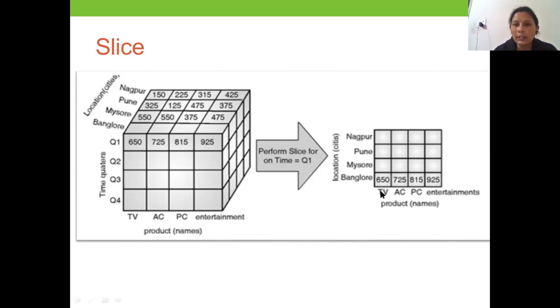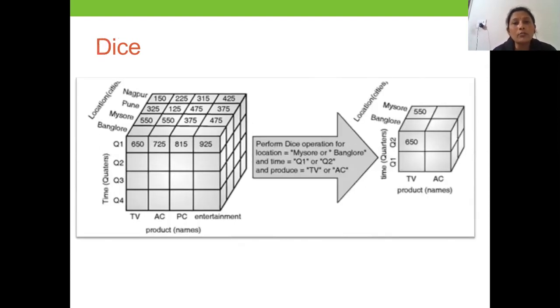Now instead of multiple time quarters, we are talking about a single time quarter. We have the same cities and the same products, and you can see that this data is the same as this data. So we have performed a slice operation on only one dimension, as opposed to the dice operation, which is performed on multiple dimensions at a time.